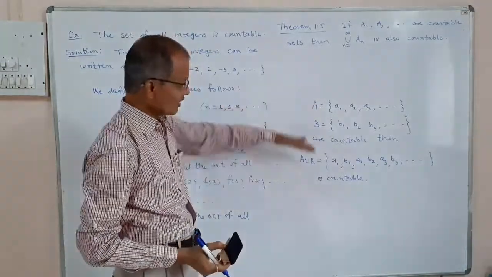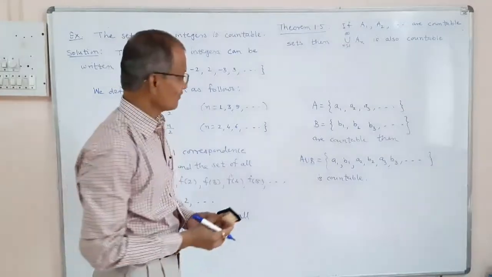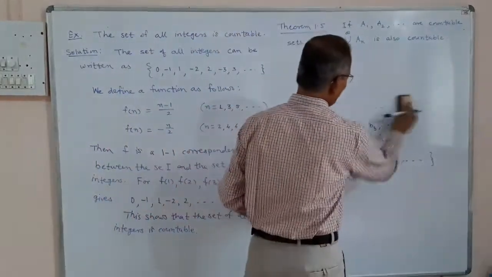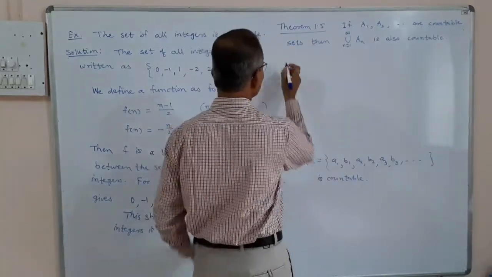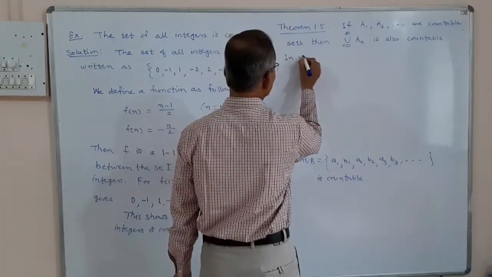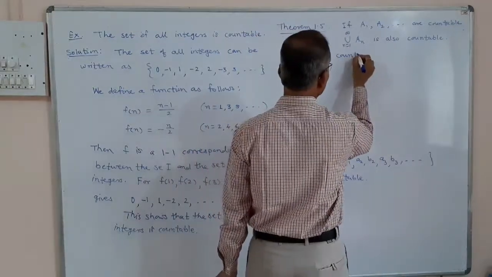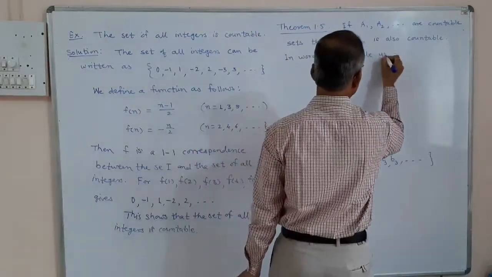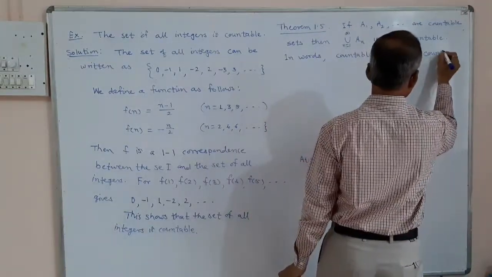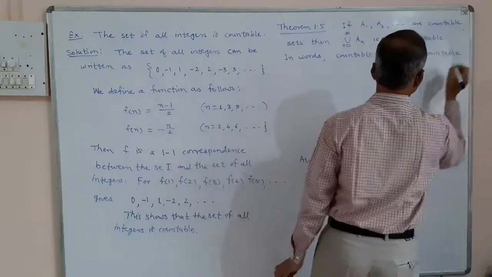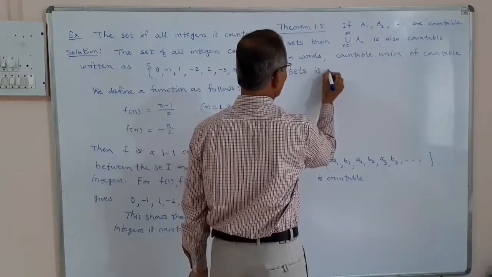Consider n countable sets, then their union is also countable, or actually a countable number of them. In words, a countable union of countable sets is countable.